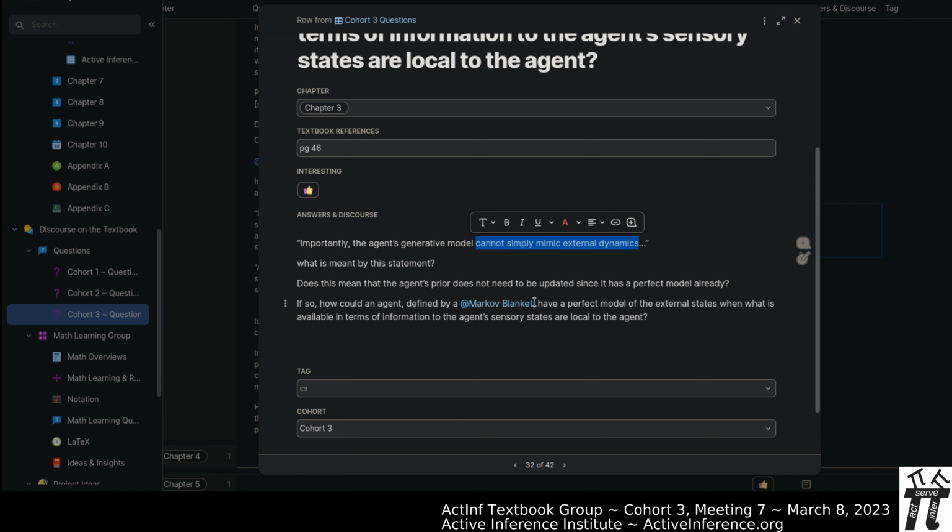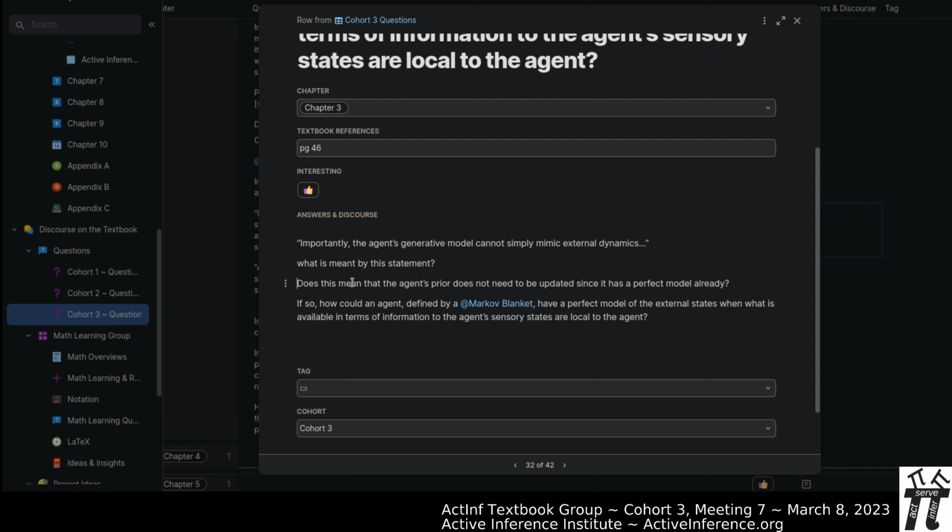But you can contrive an in silico example where it does have a perfect internal model of the external states. Or it could be a fully observable situation, like a game of chess, where the board is fully observable. Now you can't observe into your opponent's mind, but again, you could imagine an in silico environment where there was that kind of visibility.